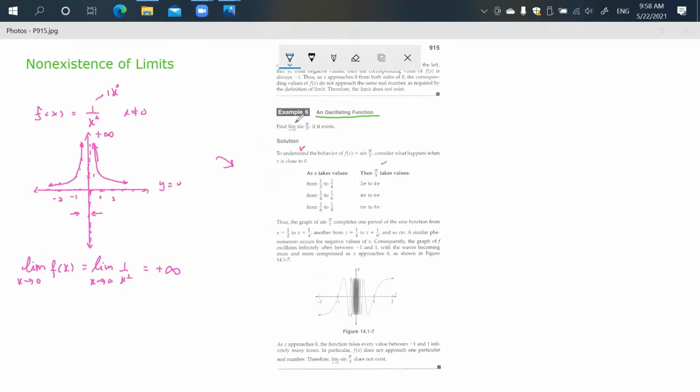Find the limit of sine of pi over x when x approaches 0, if it exists.